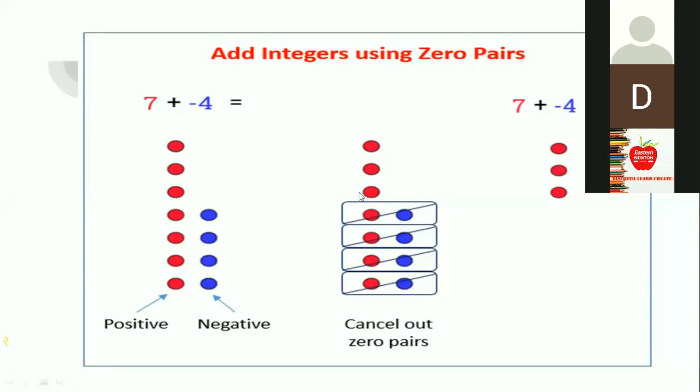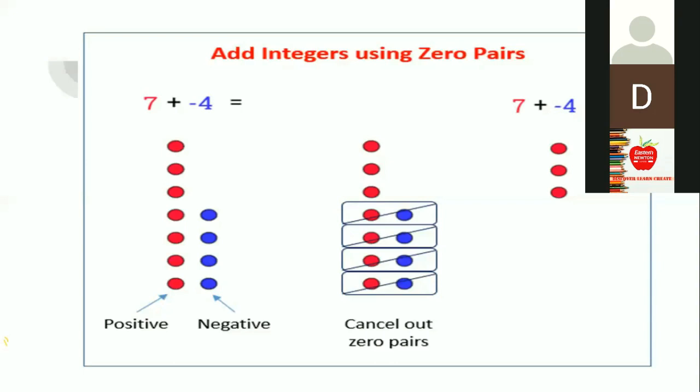The remaining is 3 red dots. 3 red dots means 3 positive values. So what is the answer? This 3. What 3 is it? It is positive 3, because we are taking red as positive. So 7 plus minus 4 is equal to positive 3.